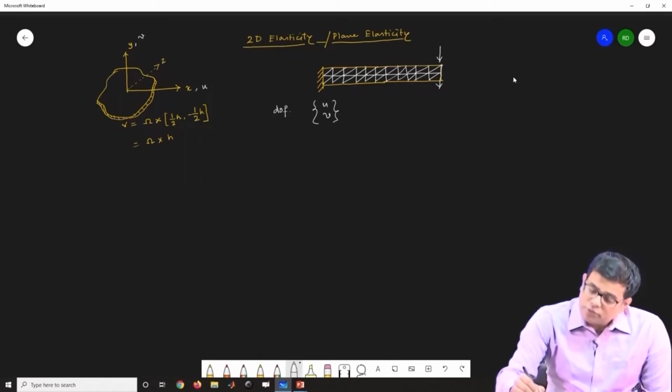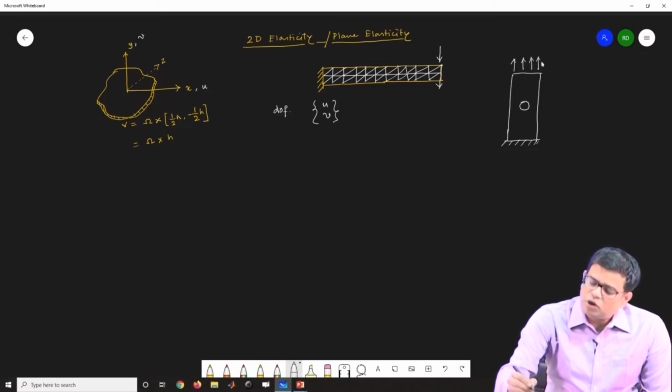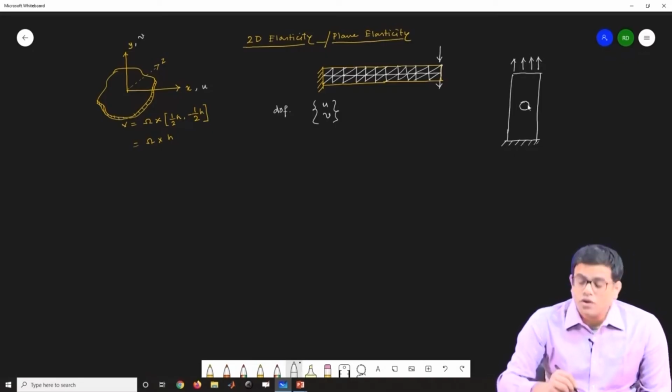Another problem is that suppose you want to do axial testing of this kind of bar, which some of you have probably solved. This is an axial testing problem where you will observe stress concentration.